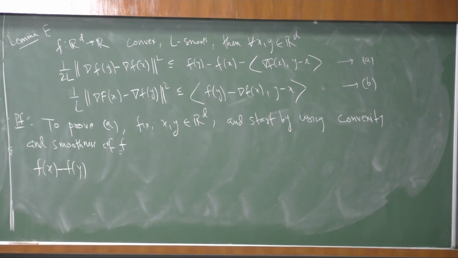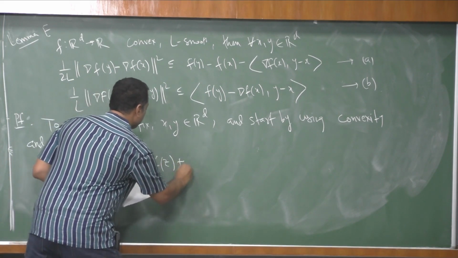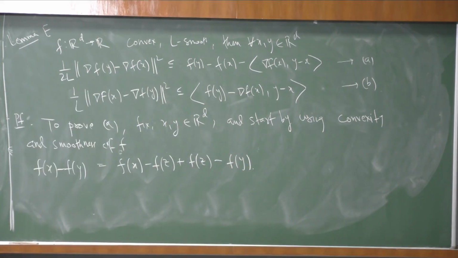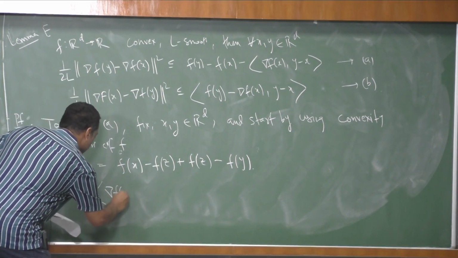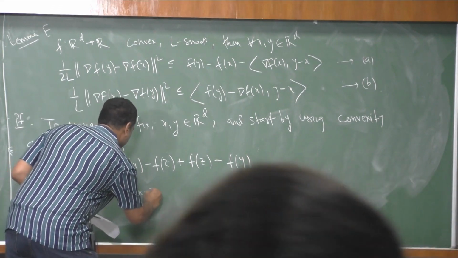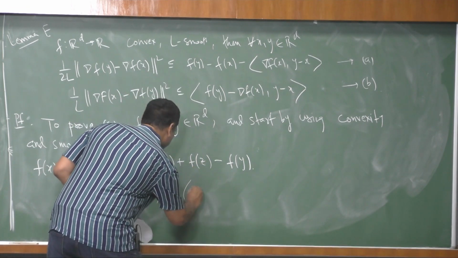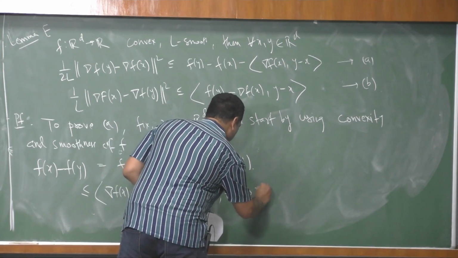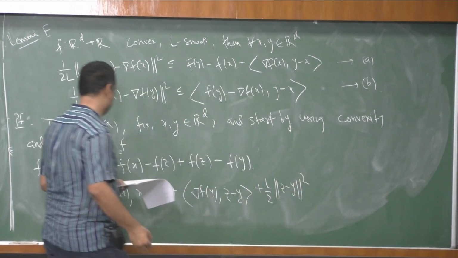We can add and subtract Fz here, so this is Fx minus Fz plus Fz minus Fy. So this will be less than or equal to grad fx, x minus z, plus grad fy, y minus z minus y, plus L by 2, z minus y, squared.